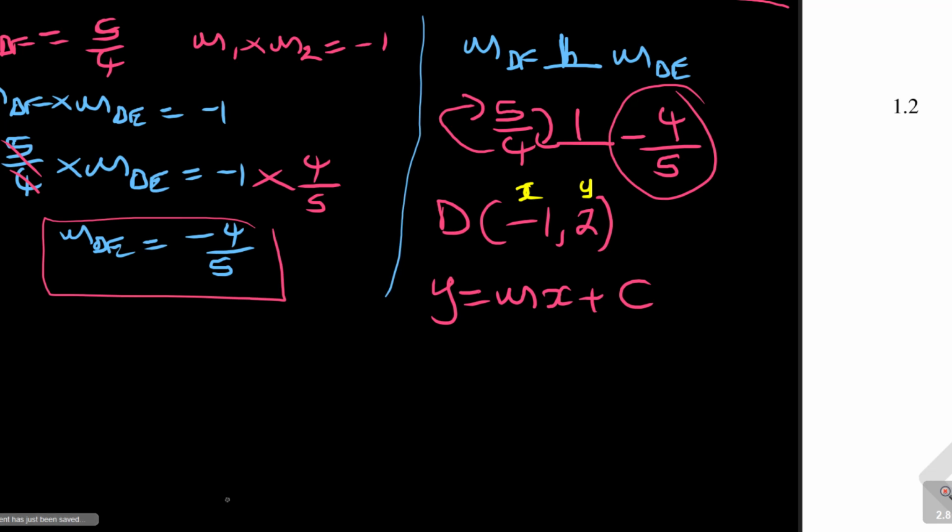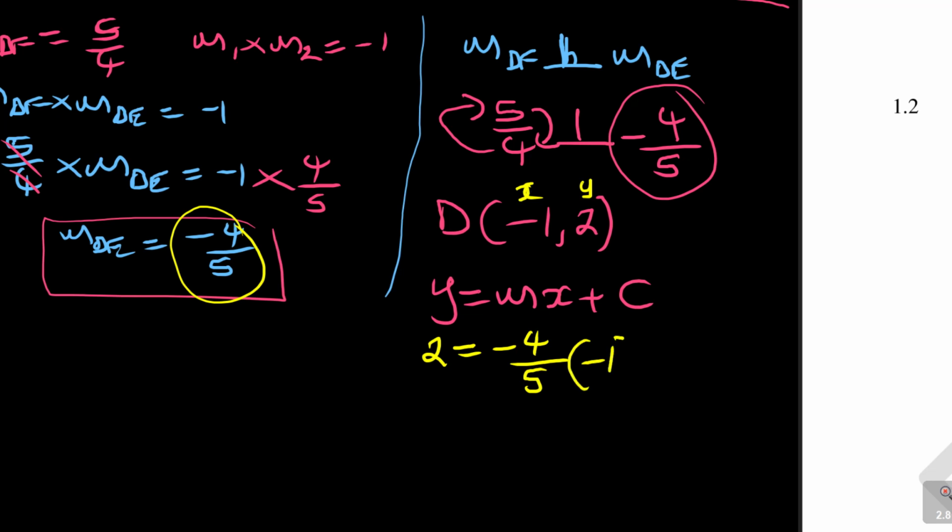So I substitute: 2 is equal to m, which is minus 4/5, times x, which I have from D as minus 1, and this equation allows me to get c first.